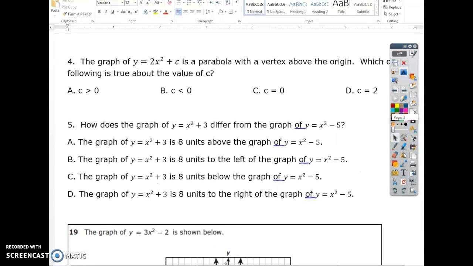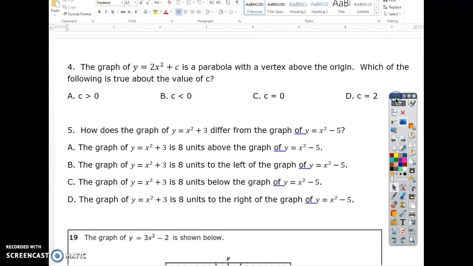On the back page, number 4. So it says you have this equation. We want to know what the c is. It is a parabola with a vertex above the origin. Remember, the origin is this dot right here, the middle.